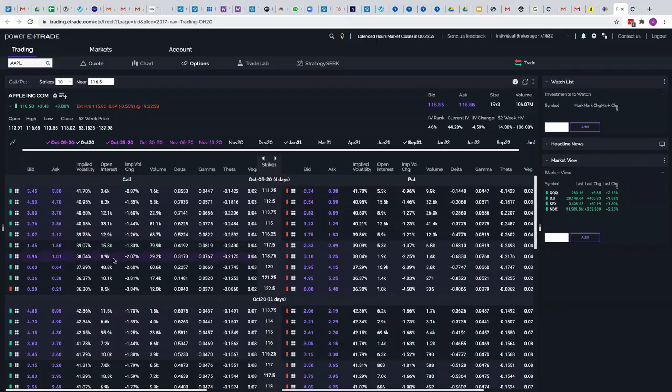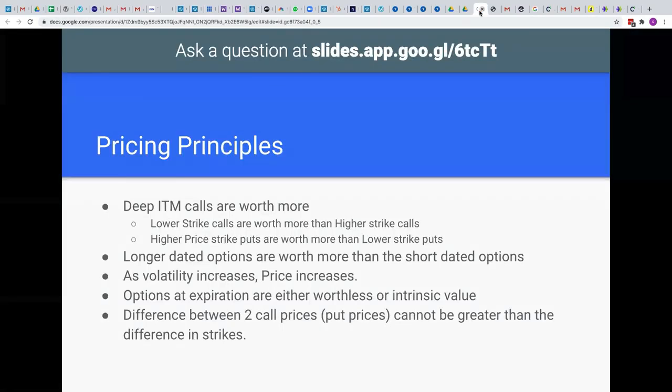And 120 is 0.64. So how much is the difference? $2.86 minus 0.64 is $2.22, whereas the difference in strikes is $5. So this is the concept of spreads, guys. This will never be greater than the difference between the two strike prices. Okay, so that is what you have to understand.